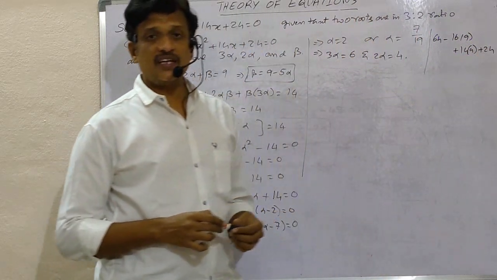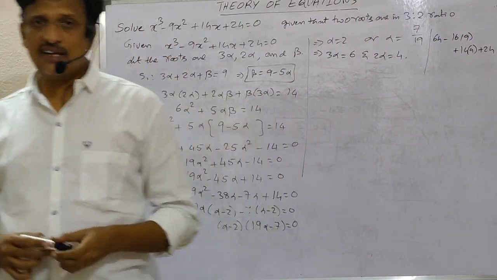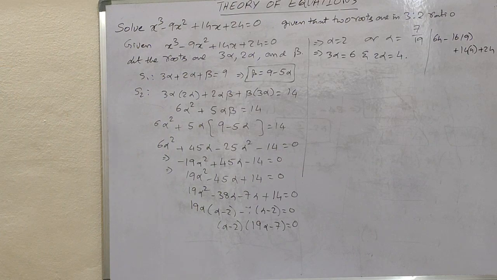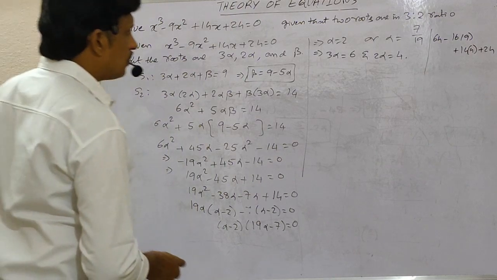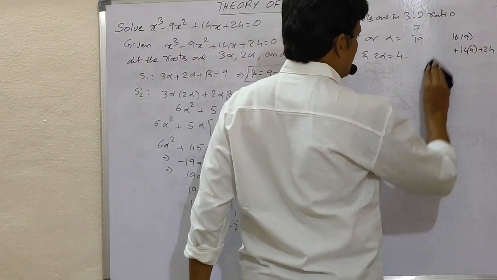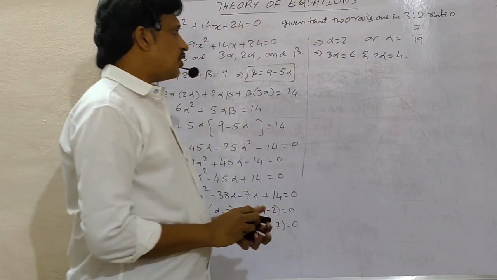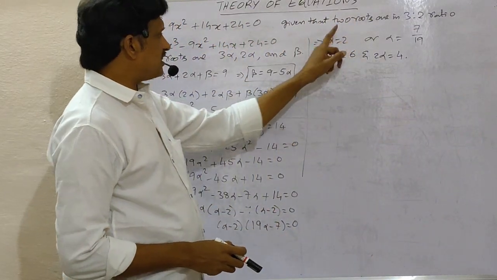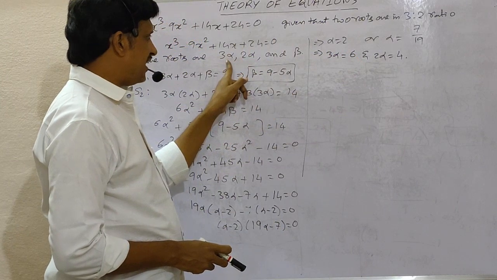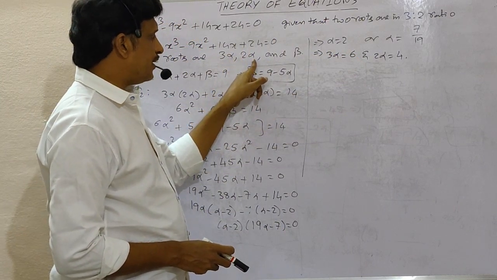Like this you can verify that 3 alpha and 2 alpha, meaning 6 and 4, satisfy the equation. We got two roots, because alpha equal to 2 gives 3 alpha as 6 and 2 alpha as 4.